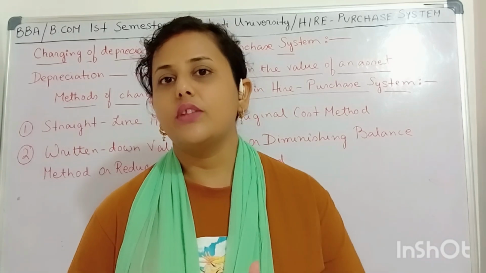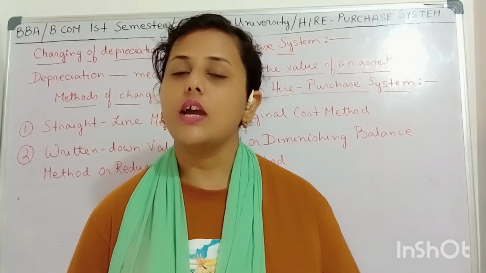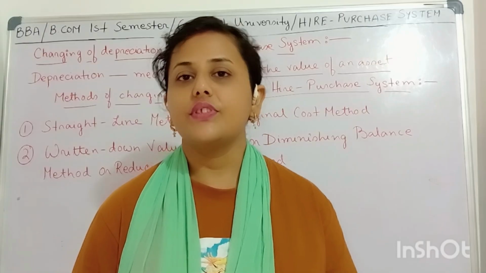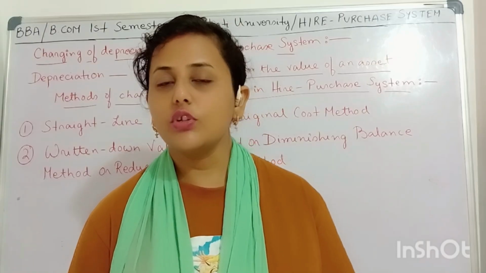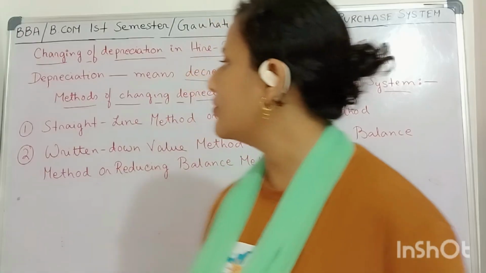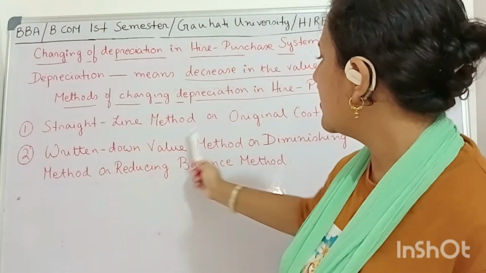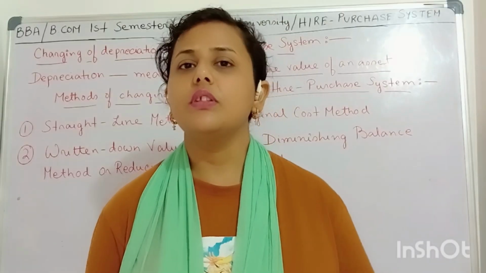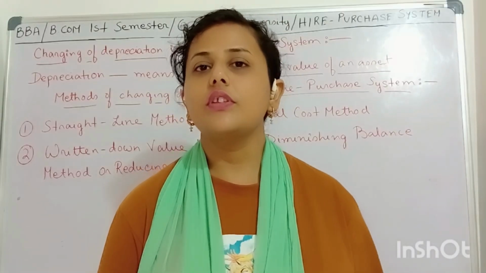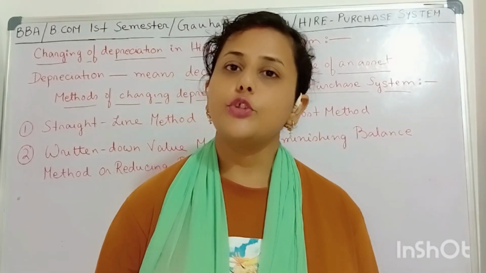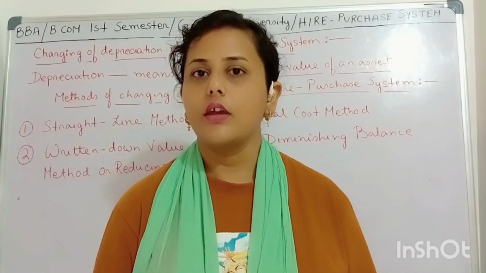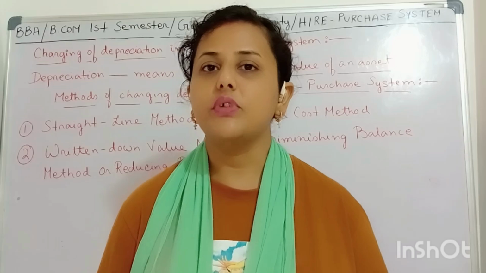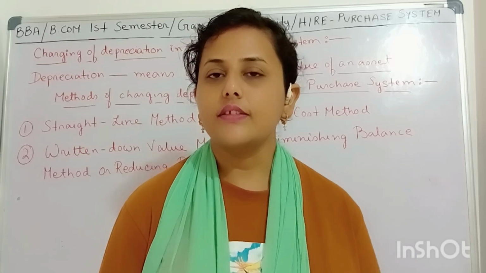So there are two methods which are applied in hire purchase system to calculate the depreciation of the asset. What are those two methods? The first method is straight line method or original cost method. It's very simple. Here depreciation is calculated on the cash price of the asset at a certain rate.